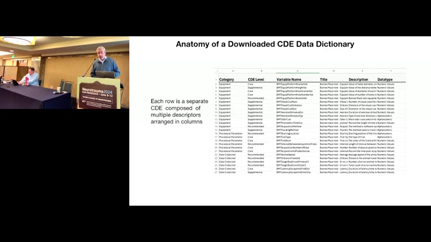We have the variable name, which is the actual name of the variable that's going to go into your new spreadsheet. There's also a title that gives you a little more description, and then the description itself, a longer worked-out phrase that explains, hopefully in terms understandable to anyone who's interested, exactly what is being captured here.